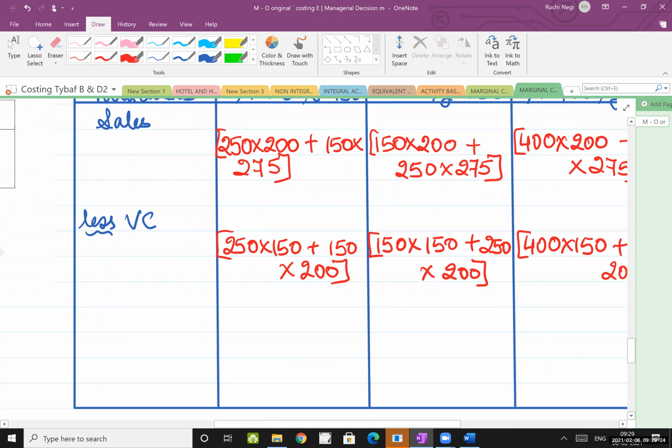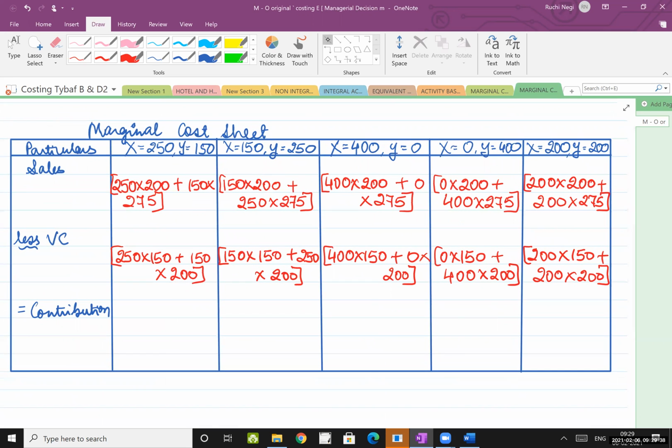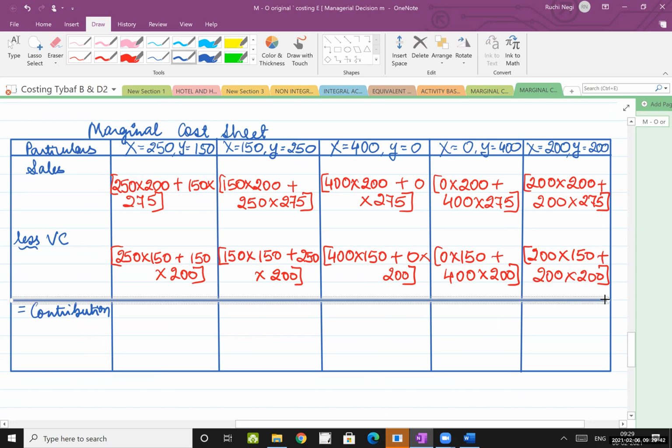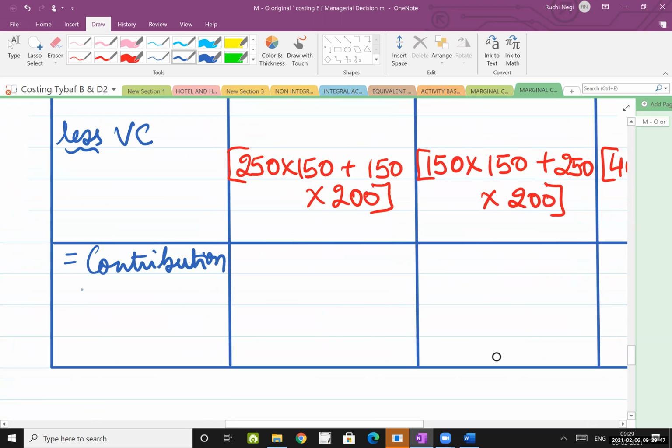So this will give me contribution. There is no need to calculate contribution individually, we will get it from the formula only. Next, less fixed cost is equal to profit.